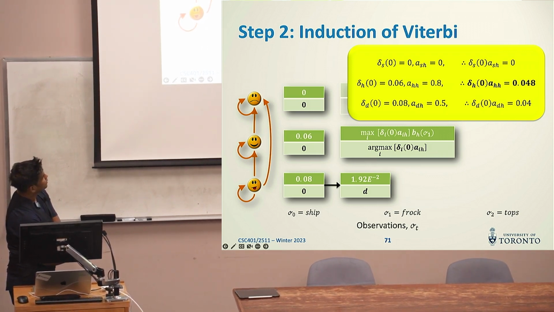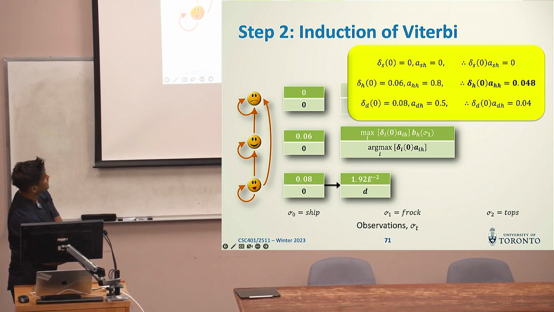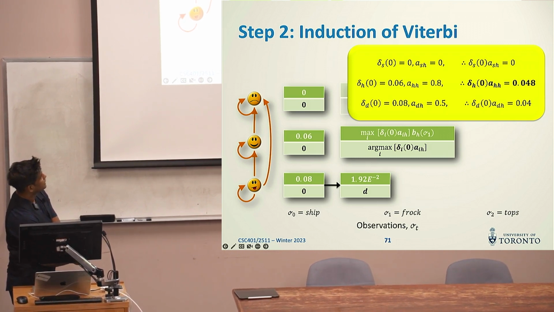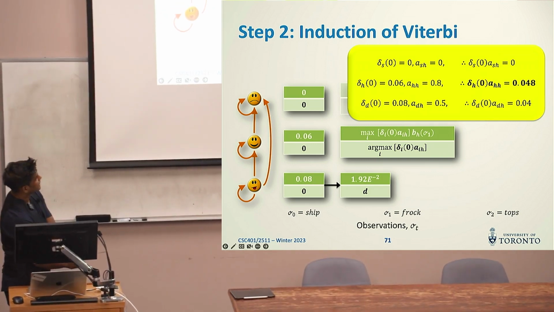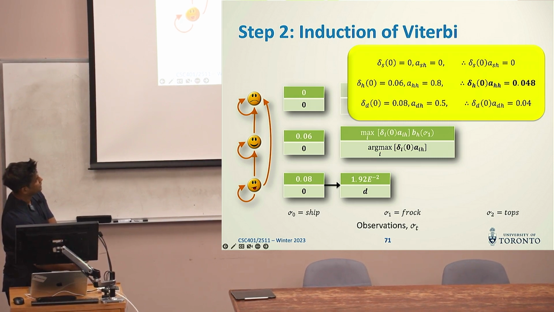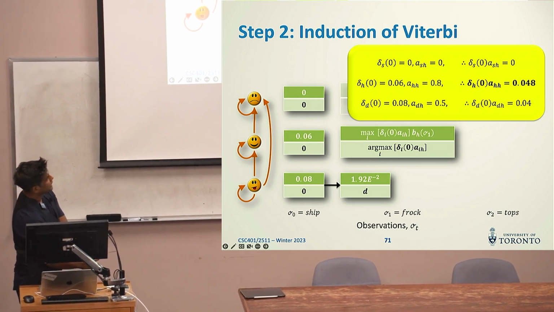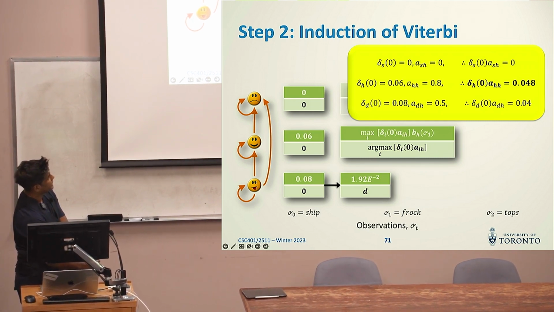Then we'll multiply by the previous time step's delta values. Delta SAD 0 is given by this guy over here, which is 0. Delta H0 is given by this guy over here, which is 0.06. Delta D0 is given by this guy, which is 0.08. You multiply that, and you perform a max operation on these 3 values, and you see there's a winner, which is delta happy 0 and the transition from happy to happy.